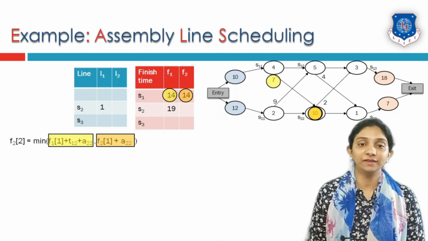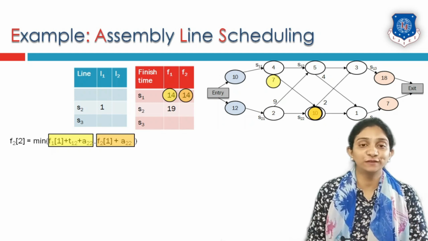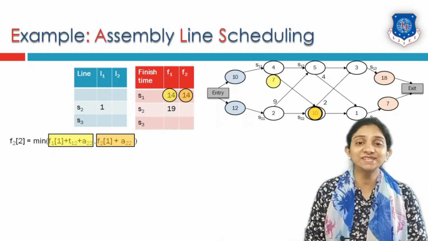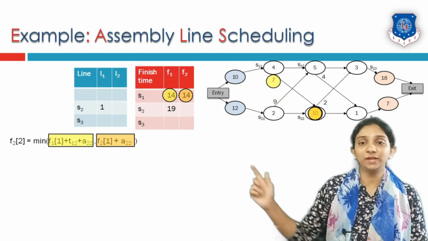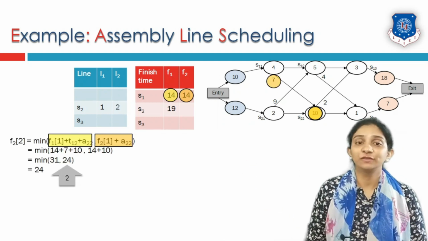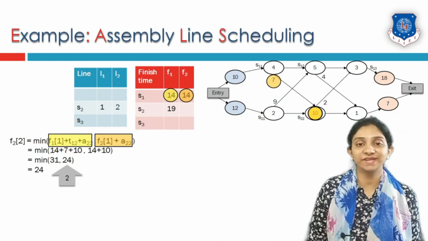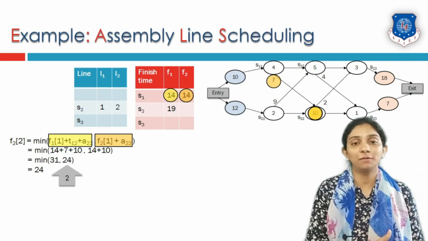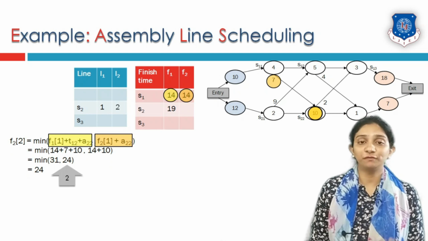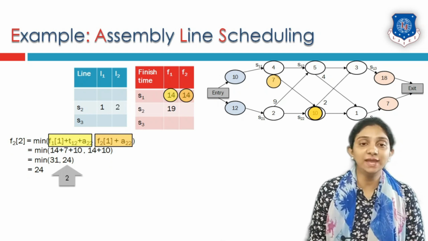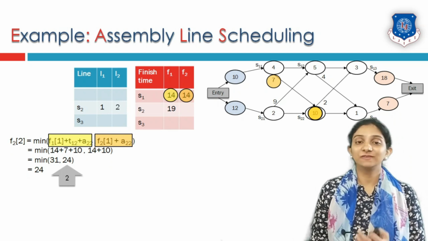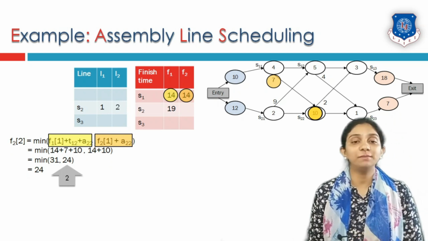The second component is the finish time at line 2 station 1 plus the processing time at line 2 station 2, that is 14 plus 10. So here 14 plus 7 plus 10 and 14 plus 10. The sums are 31 and 24, out of which 24 is the minimum value. So that 24 will be taken. This is the second option inside the minimum function.